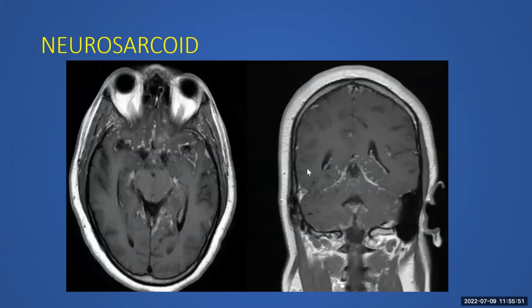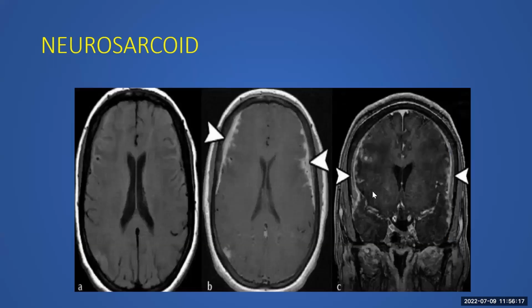These are examples where you can see areas of meningeal enhancement in the basal cisterns as well as along the fissures and even some ependymal enhancement. So diffuse enhancement along the meninges, along the ependyma, and along the basal cisterns. Here you can see pretty dramatic leptomeningeal enhancement in a case of sarcoid, and it goes all the way across and down in the coronal images.